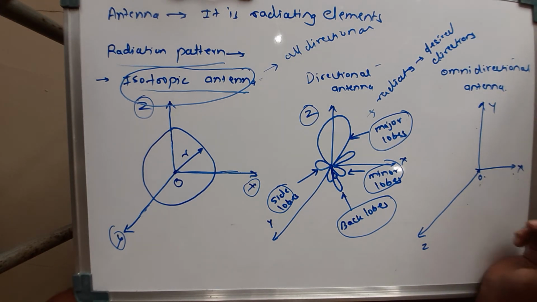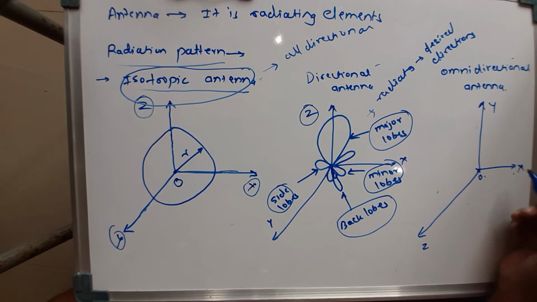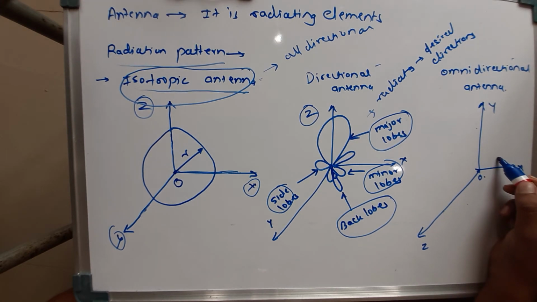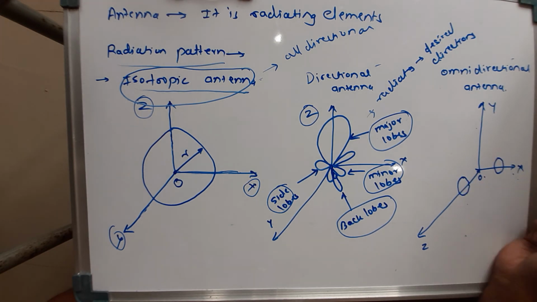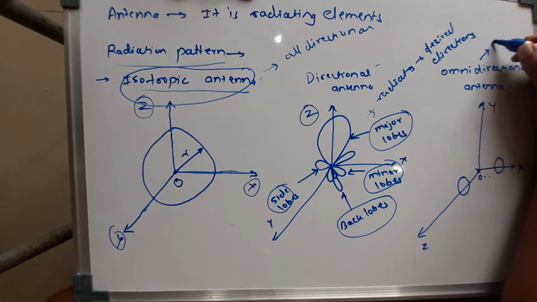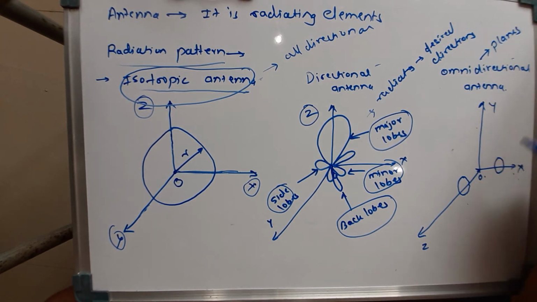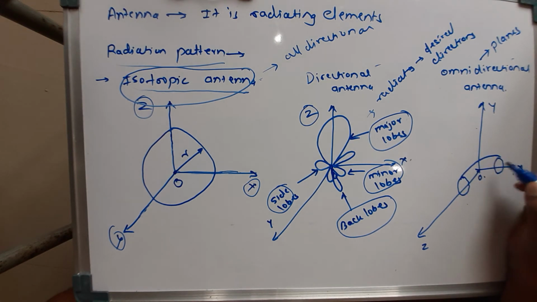So afterwards we will see omnidirectional antenna. So this type of antenna basically radiates on a plane. So the graph is like this one.